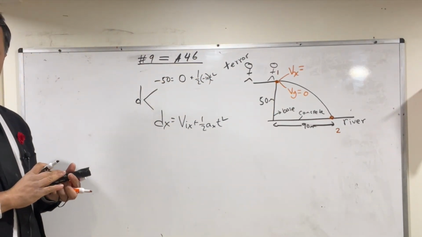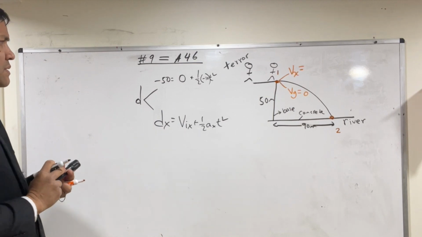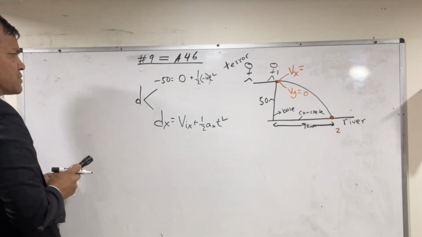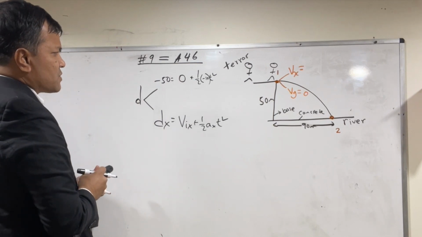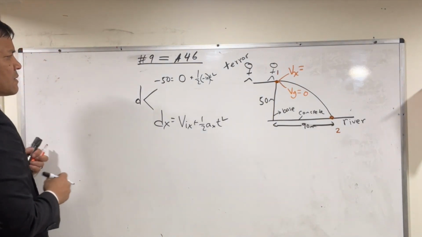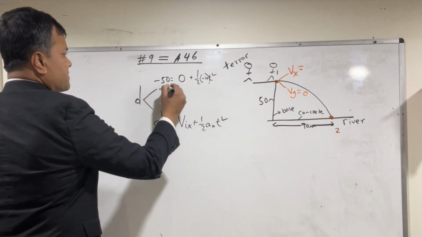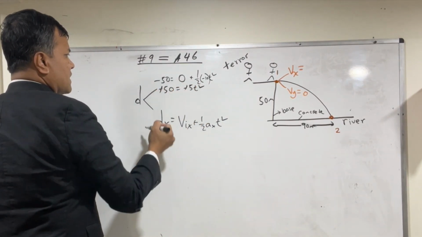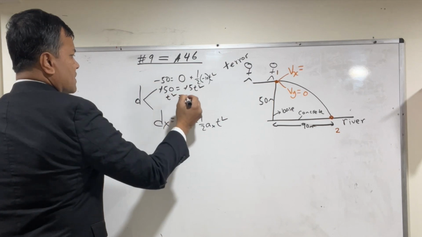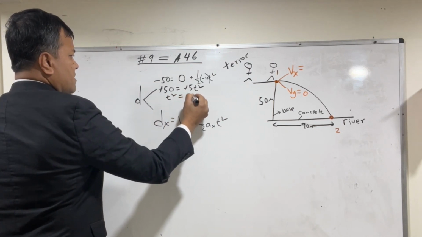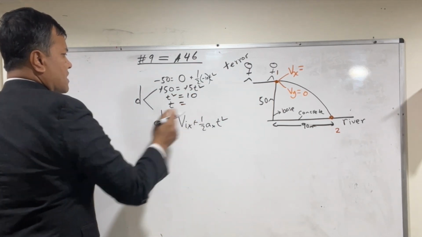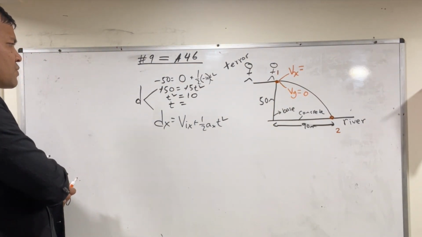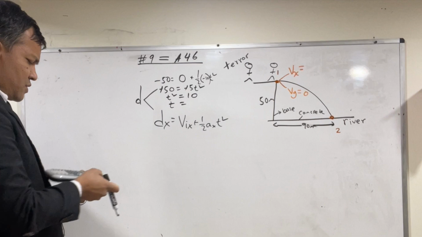I brought it last week from Amazon so that I would be able to use it for the tutorial. So minus 50 is equal to minus 5t squared. As you see, t squared is 10, so t is 3.2, I believe. So the square root of 10 should be 3.2.